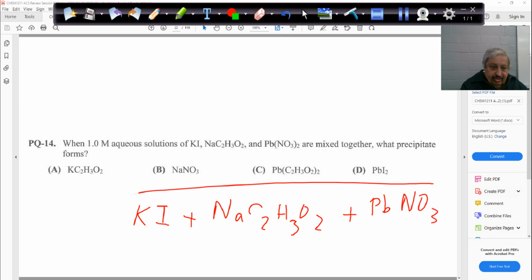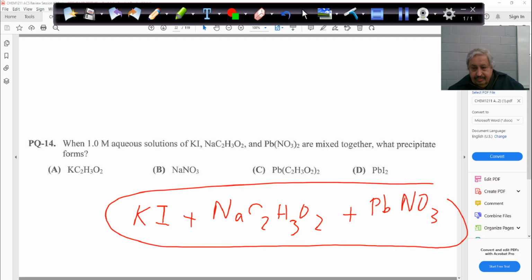You mix those together. We know that all the nitrates are soluble. So anything with nitrate will be soluble. So no precipitate, no settling down.